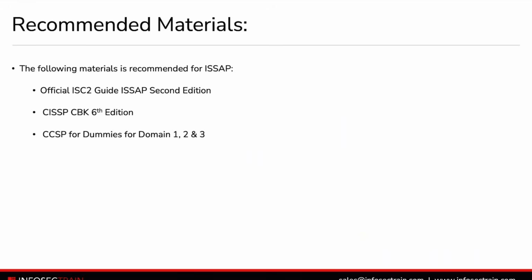But what if there are topics which are not covered in CISSP and CCSP? For example, we have SABSA, right? We have TOGAF, and service oriented architecture. These are topics which are not covered in the CISSP and CCSP. So here you will use ChatGPT.